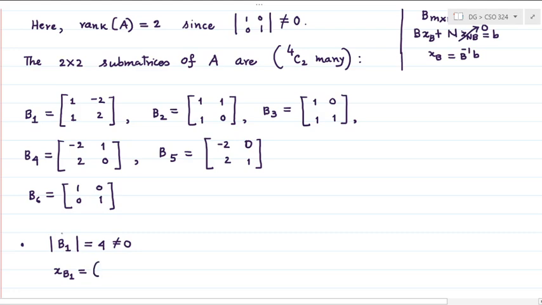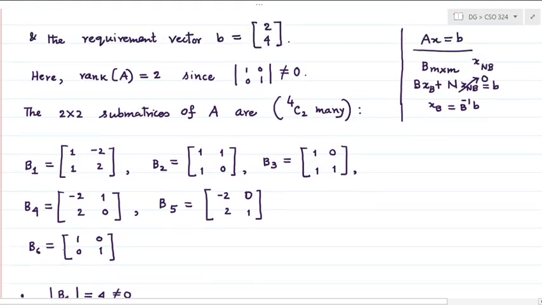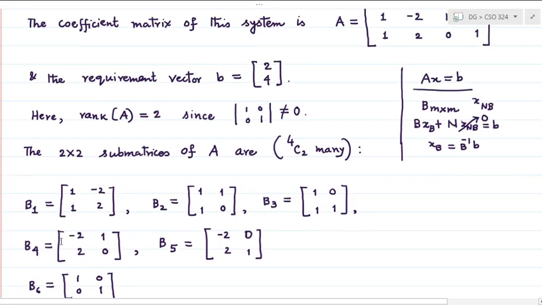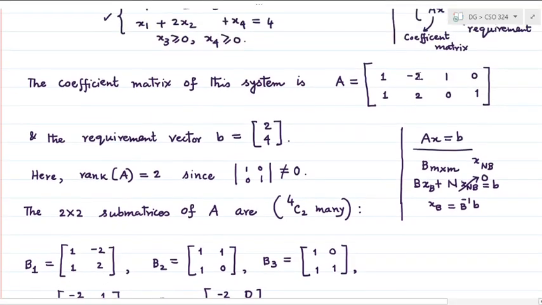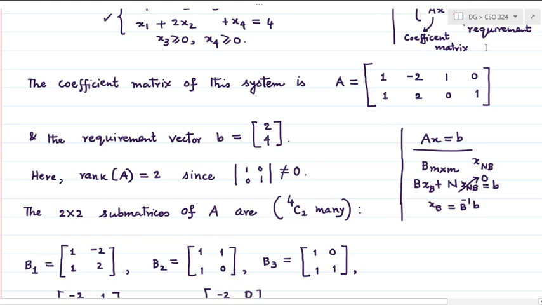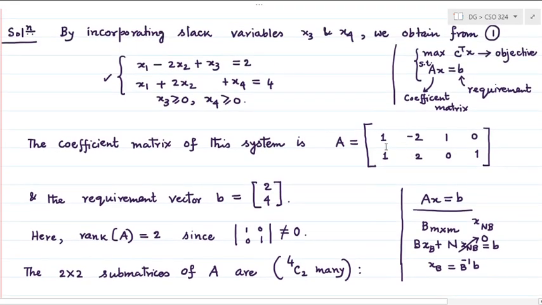The column vectors of B1 are the first and second columns of A. The associated variables in the given system are x1 and x2.